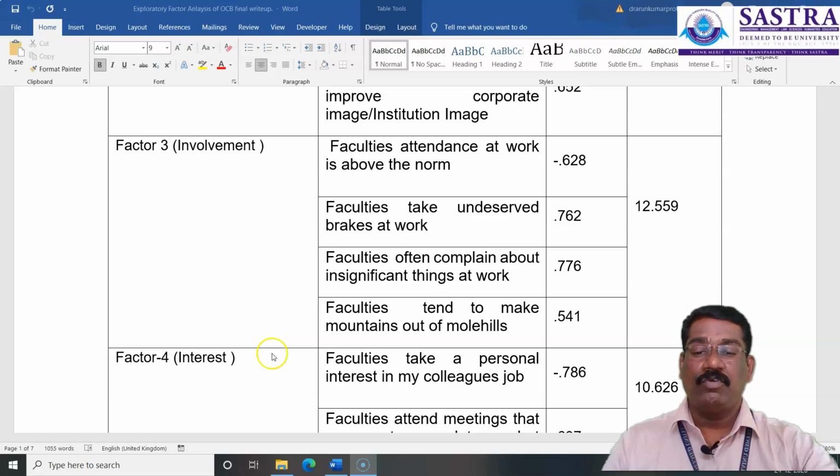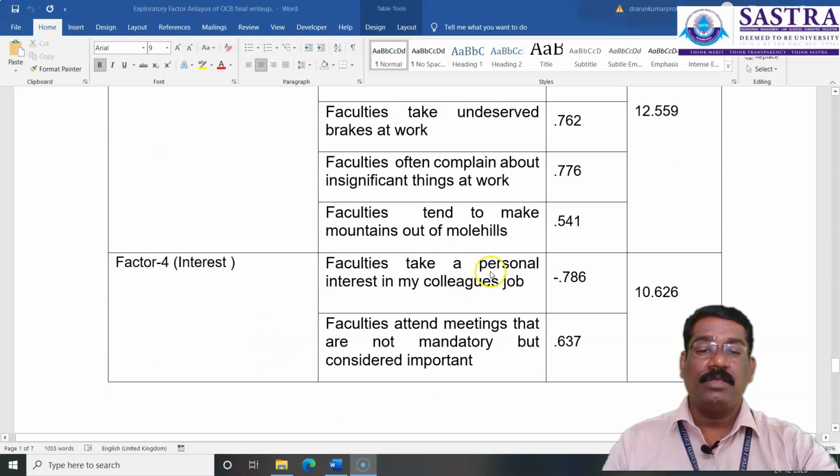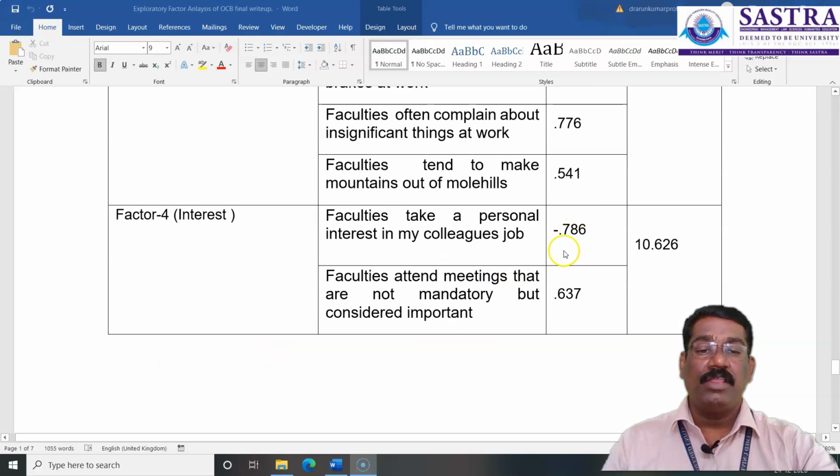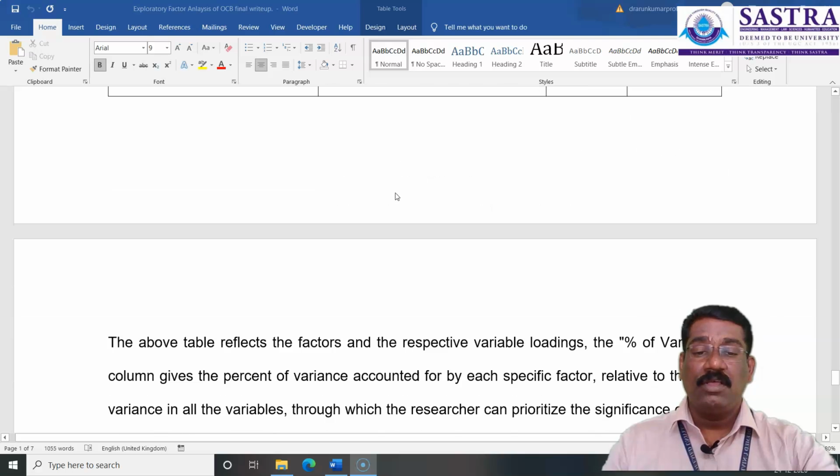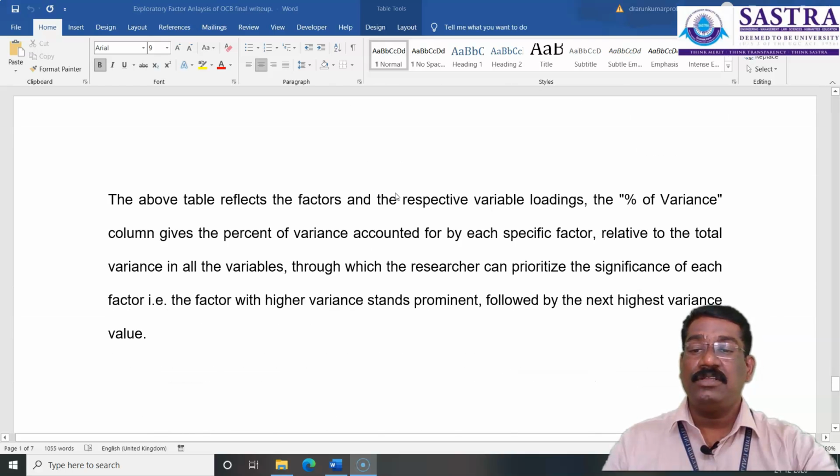Factor 4 also has 2 variables, and the respective variable loadings have been taken and posted here, and the respective variance has to be mentioned here. It is 10.626. That's the way we have to clearly present the outputs whenever we do a presentation.